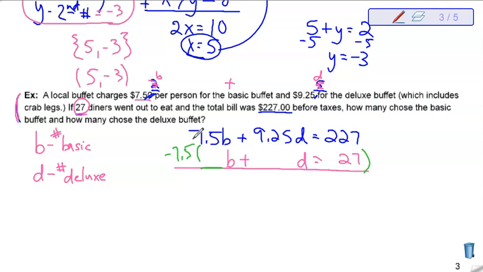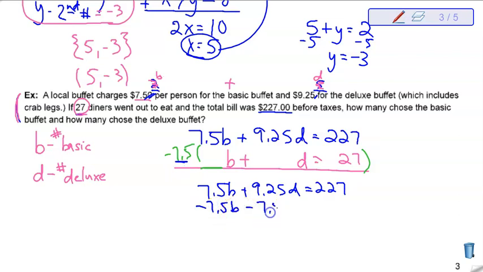So I'm going to start with the first one and rewrite it: 7.5B plus 9.25D equals 227. Then I'm going to distribute this negative 7.5: negative 7.5B minus 7.5D. And when I multiply negative 7.5 times that, I get negative 202.5.